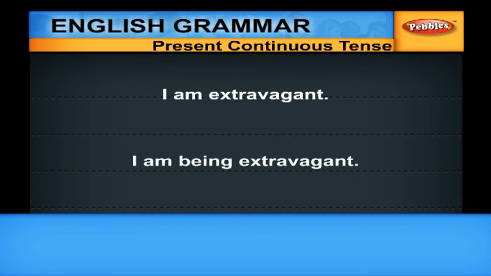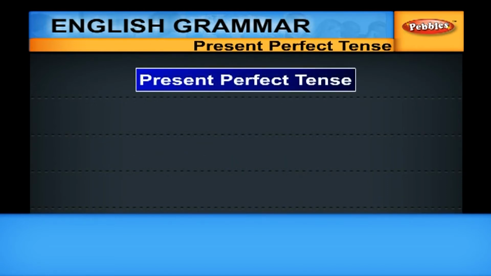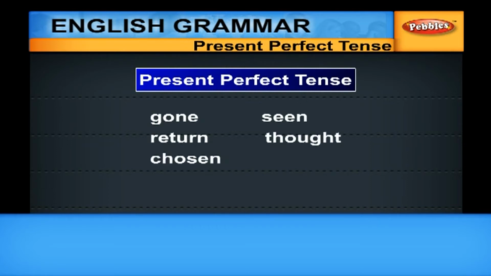Now we go to the next aspect in the present tense. We are going to take up perfect. Present perfect tense. How do you form a present perfect? In the present perfect, we have to use the past participle as the main verb, which we named VEN. Gone, seen, returned, thought, chosen.